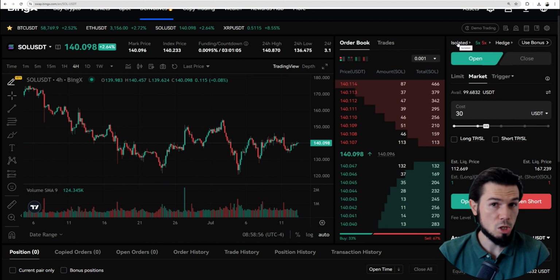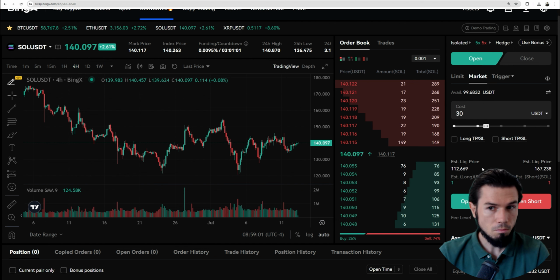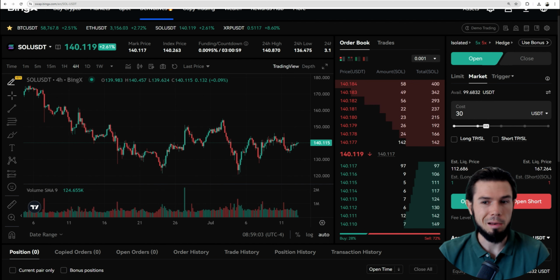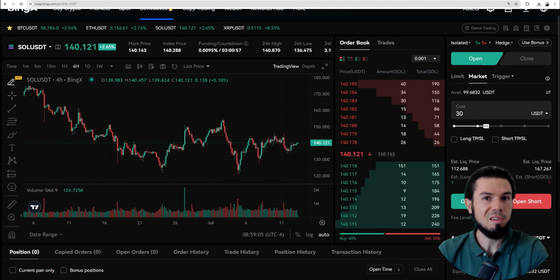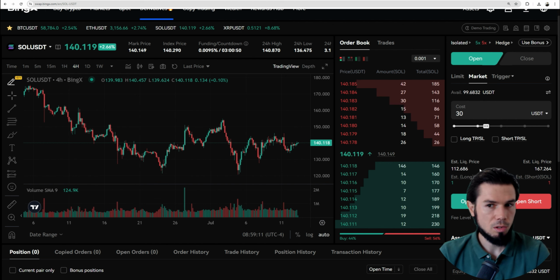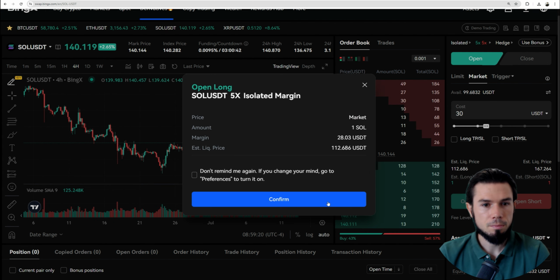If I would be on a cross margin mode, I would have a different liquidation price because my whole balance would be part of this calculation, right? So you have much more room for your liquidation price. And then you get a different one, so then your entire futures wallet is getting liquidated. Now we're gonna get this long opened.